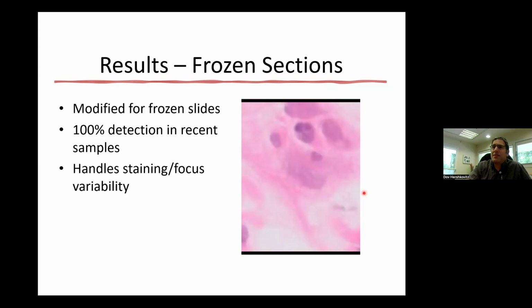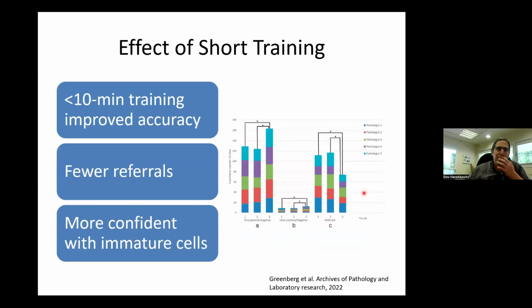We think that it's something that might be also applicable. I think that even for a frozen section, there is big promise. We are pleased with the ability of the algorithm to deal with recent samples, which are the relevant type of samples.